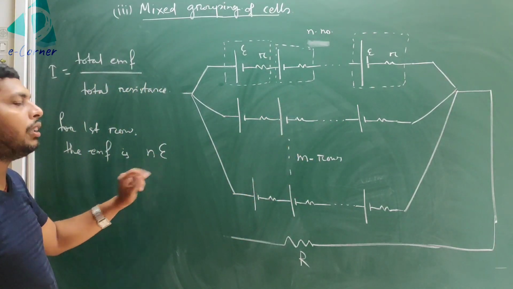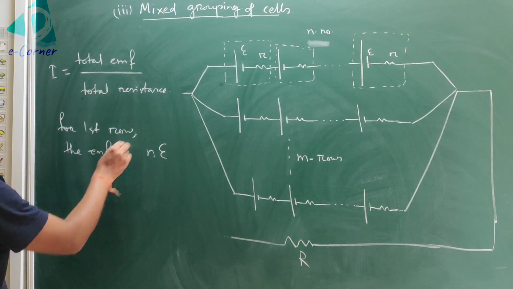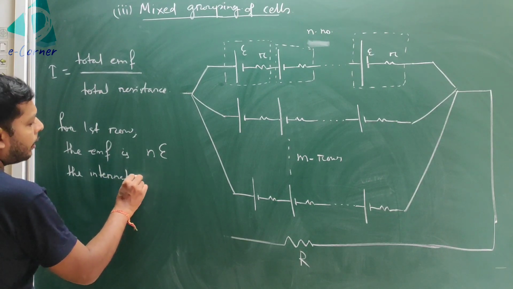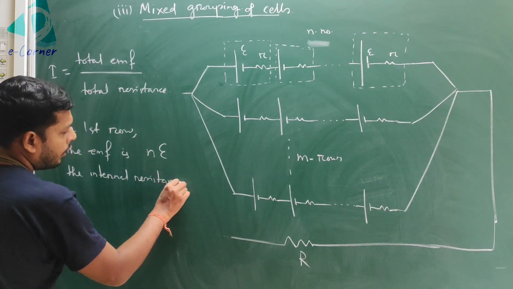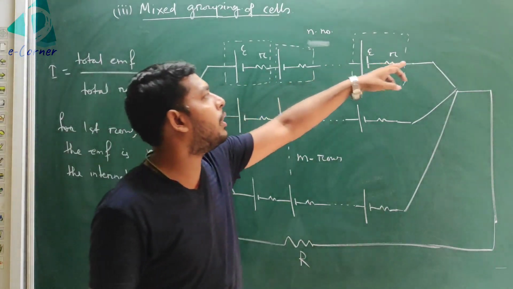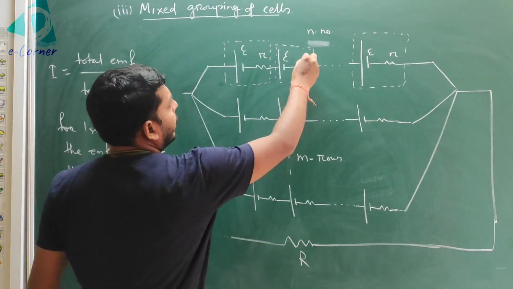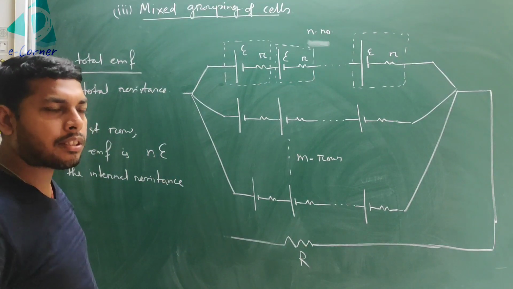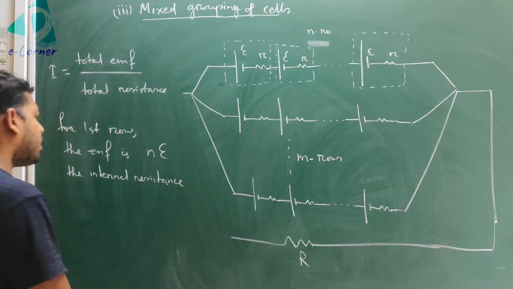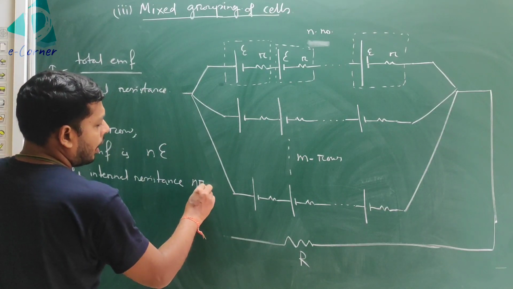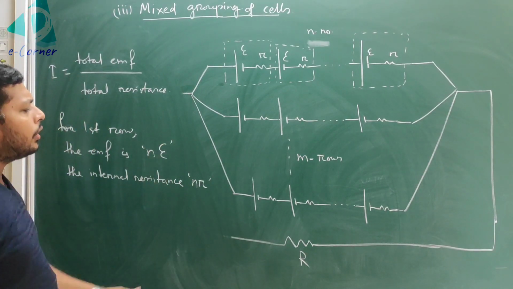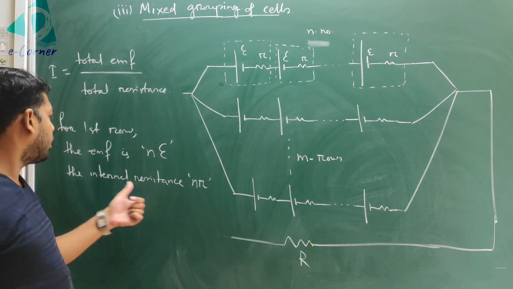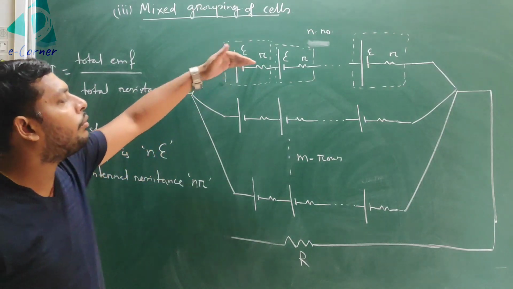That's why it is nE. Similarly, for the first row the internal resistance is how much? The internal resistances are also in series, so the equivalent resistance in series combination is n into r. Got it? That's why n into r. This is the total internal resistance for the first row.